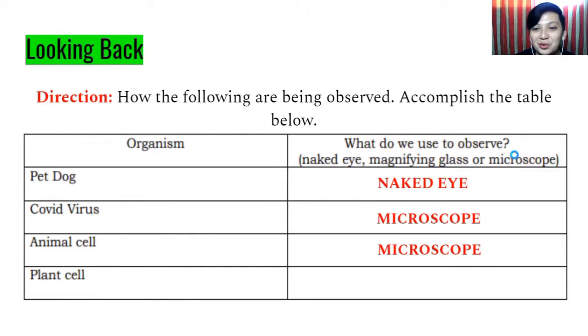Okay, very good. You can also observe plant cell in a microscope. So meaning to say, microscope is used for us to see very minute objects. When we are talking about minute objects, we are talking about very small objects. Okay, so that's how we are going to use the microscope.